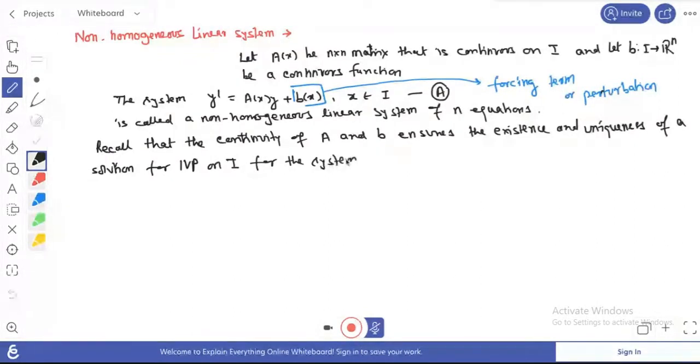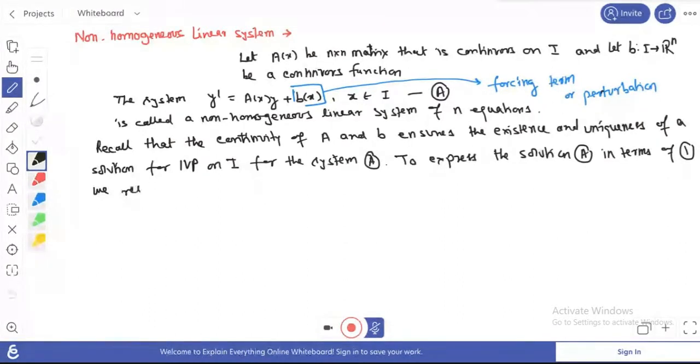If we take our system first, system A, to express the solution of this A in terms of system 1, we resort to the method of variation of parameter.